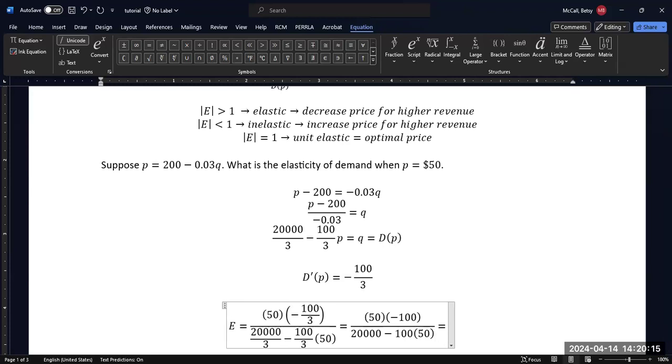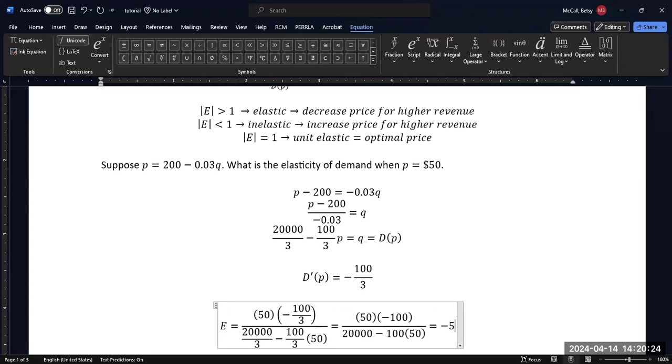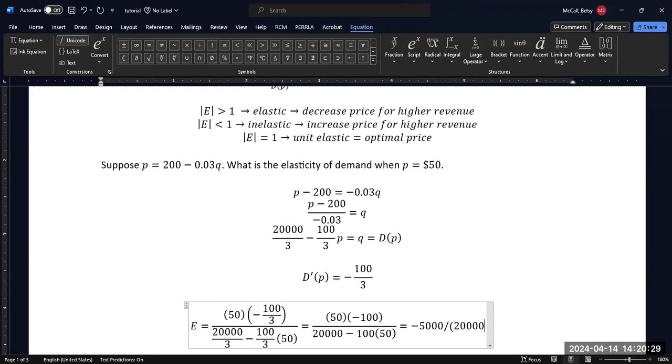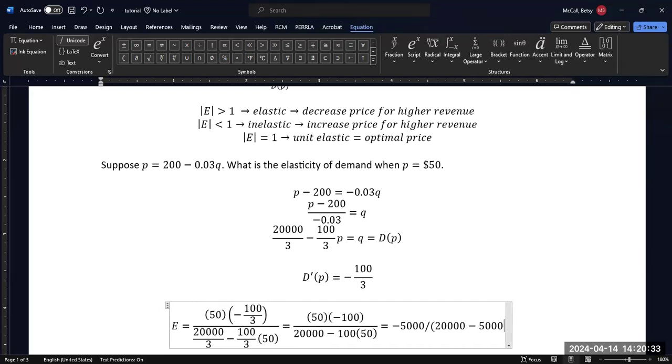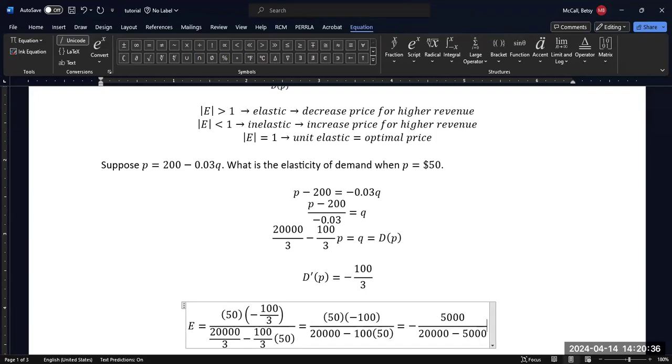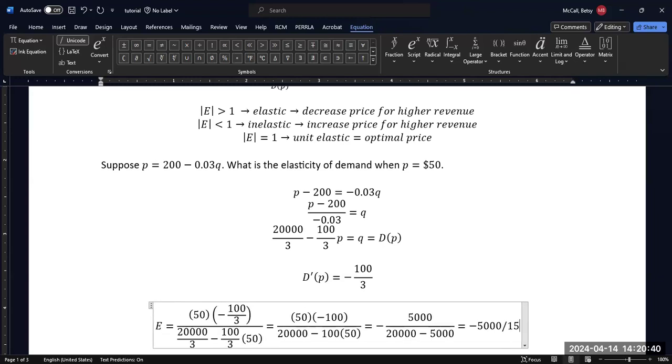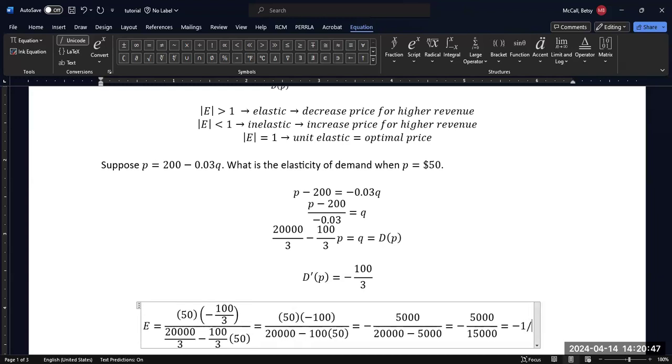And so then we would end up with 100 times 50 is negative 5,000 divided by 20,000 minus 5,000. So that's going to be negative 5,000 divided by 15,000, which is going to be negative 1/3.